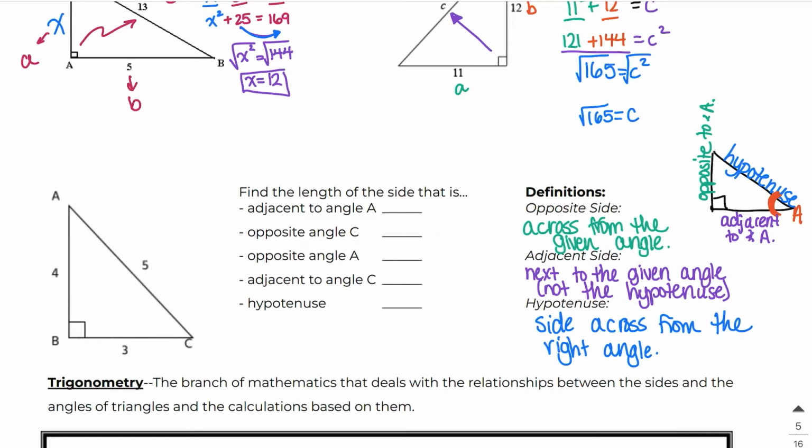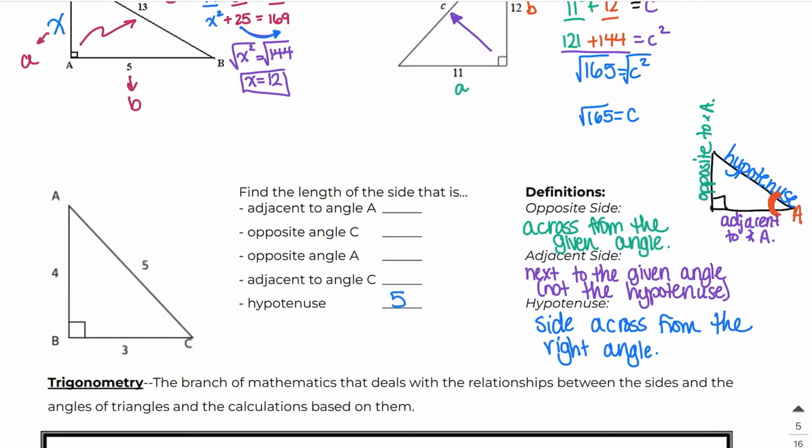So our first question here says to find the length of the side that is adjacent to angle A. Before I do anything at all, I would rather skip down to this word right here, which is the hypotenuse, because the hypotenuse will never change. And it's always the side that's across from the right angle. So my hypotenuse here would have to be 5.